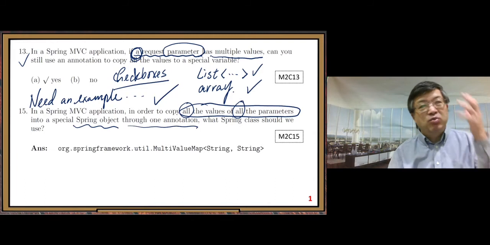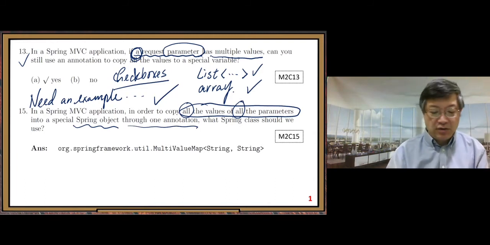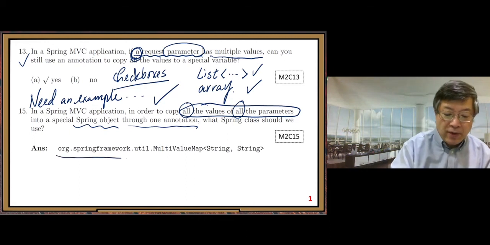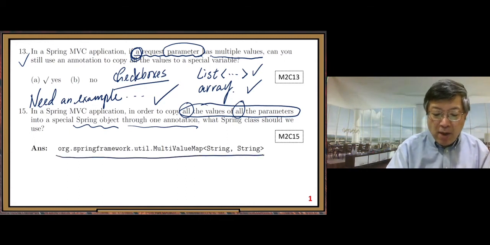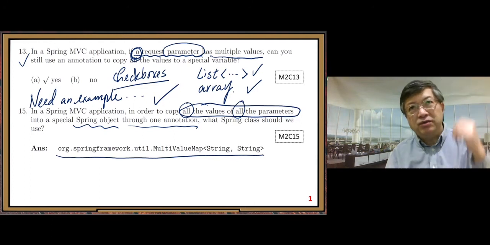So this one, Spring provides one special class. That's this one. Multi-value map. This special Spring class.